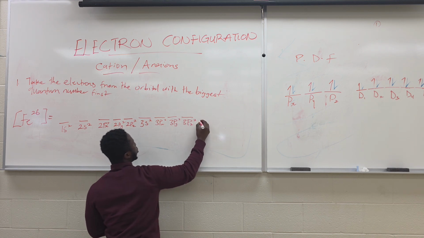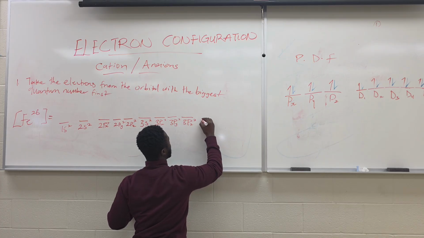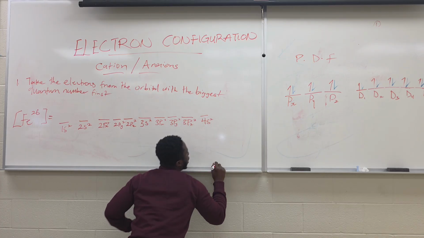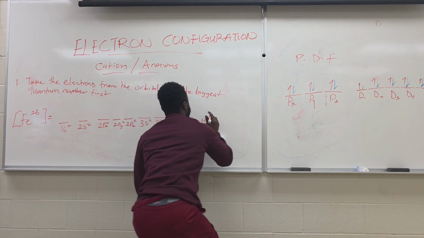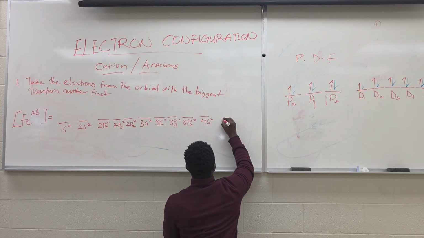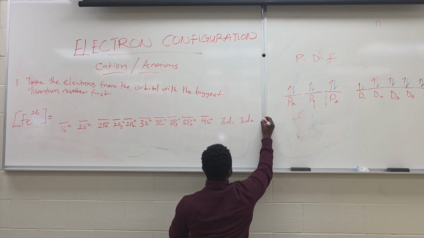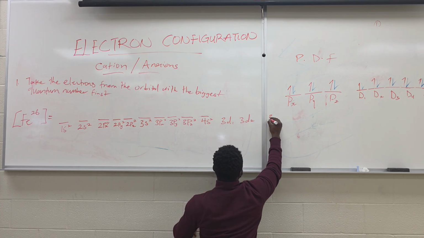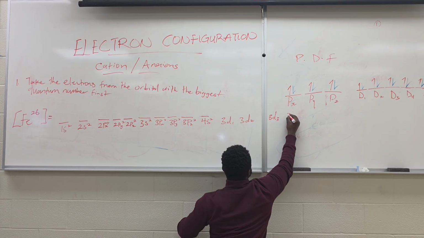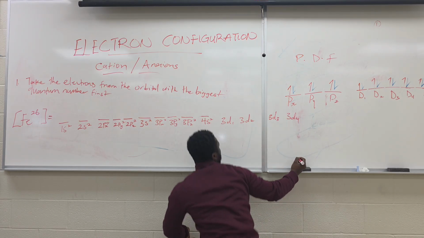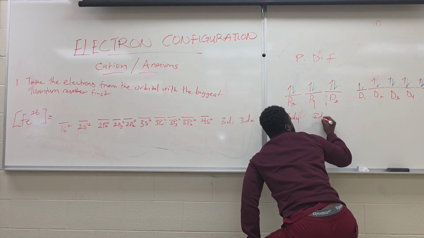Then we go to 4s2, and we go to the almighty d: 3d1, 3d2, 3d3, 3d4, and then 3d5.